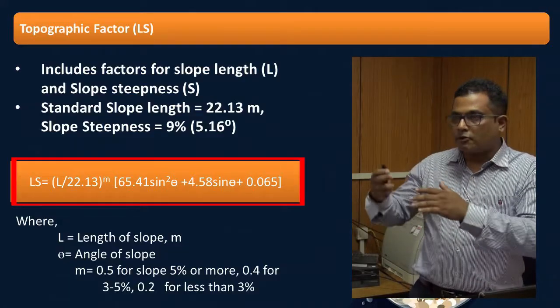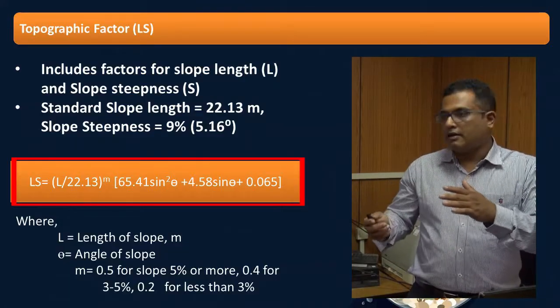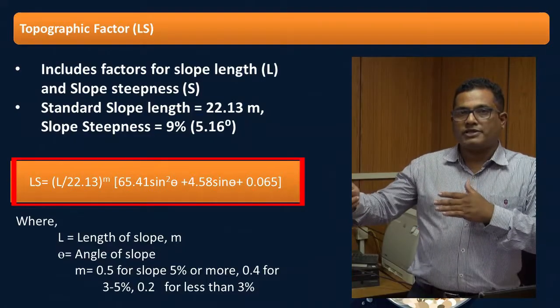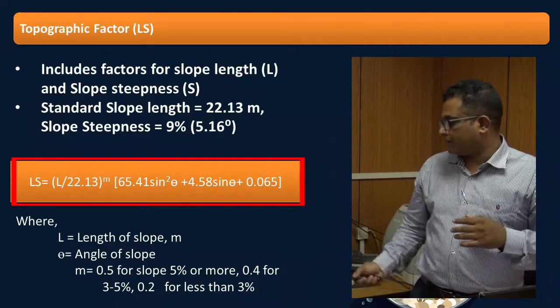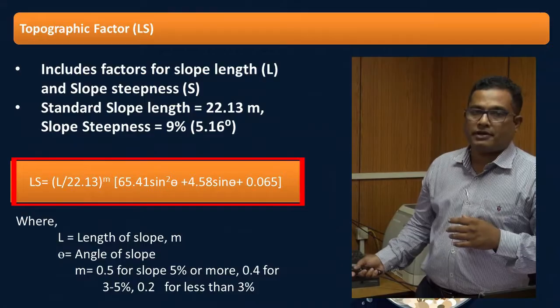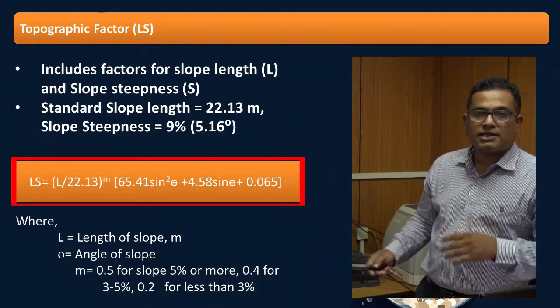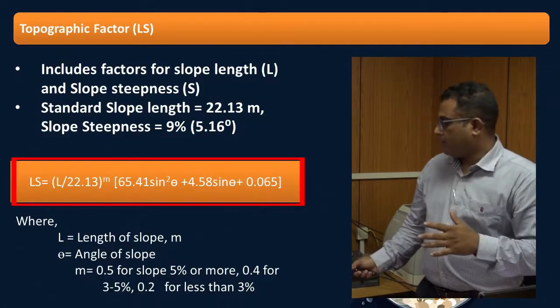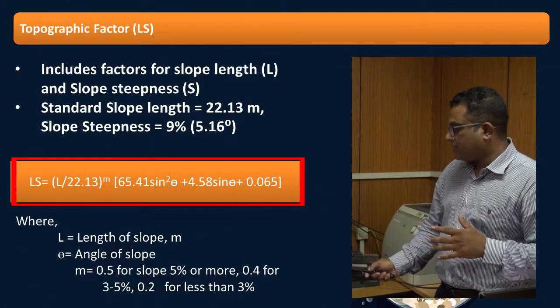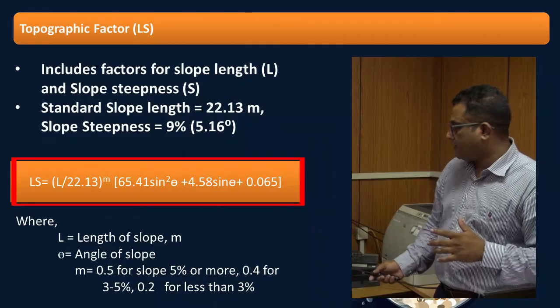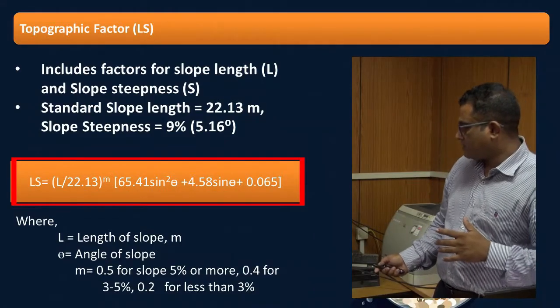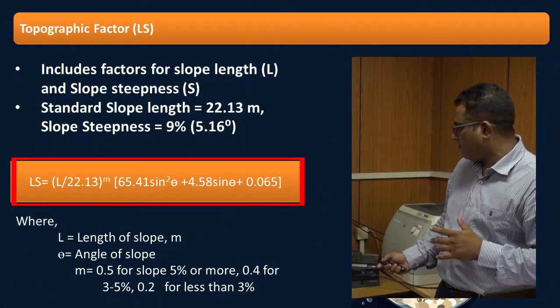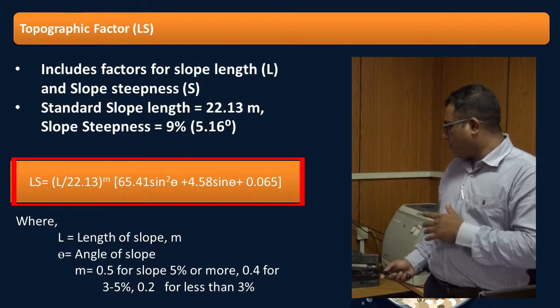For which we have to determine the LS factor. Suppose we have to find the LS for a particular area which has length of slope as 200 meter. Then this 200 meter will come here, and 22.13 is the standard length of slope, and M is an exponential factor. Then sin squared theta plus 4.58 sin theta plus 0.065.